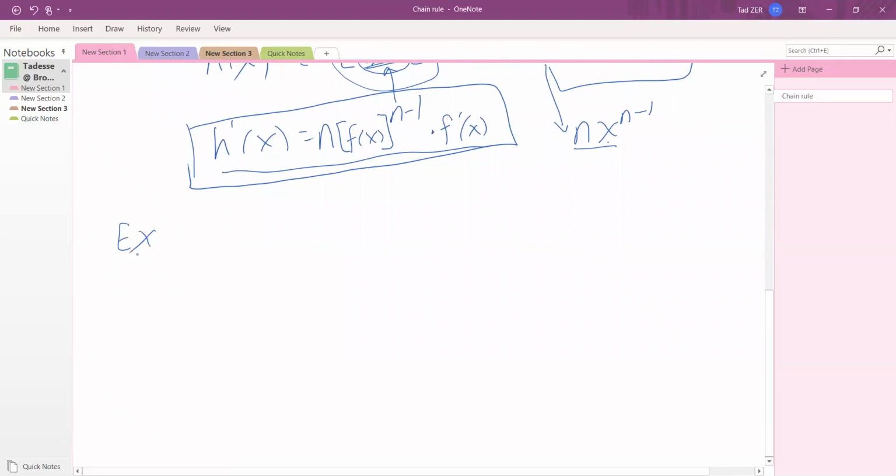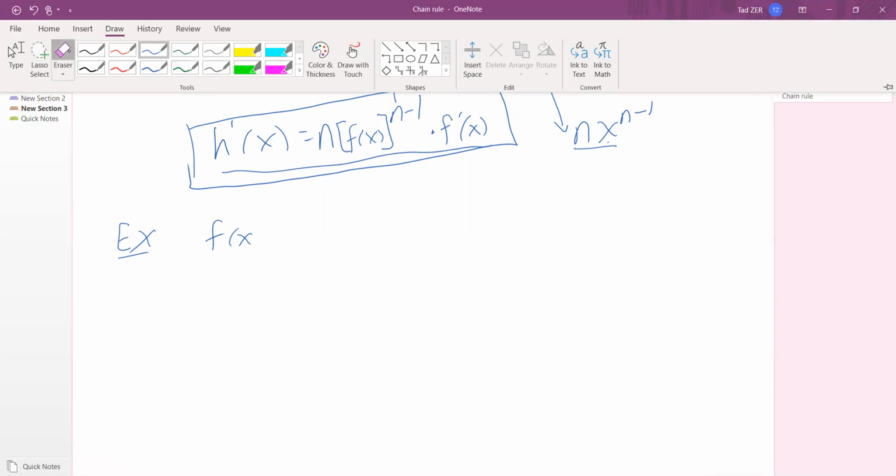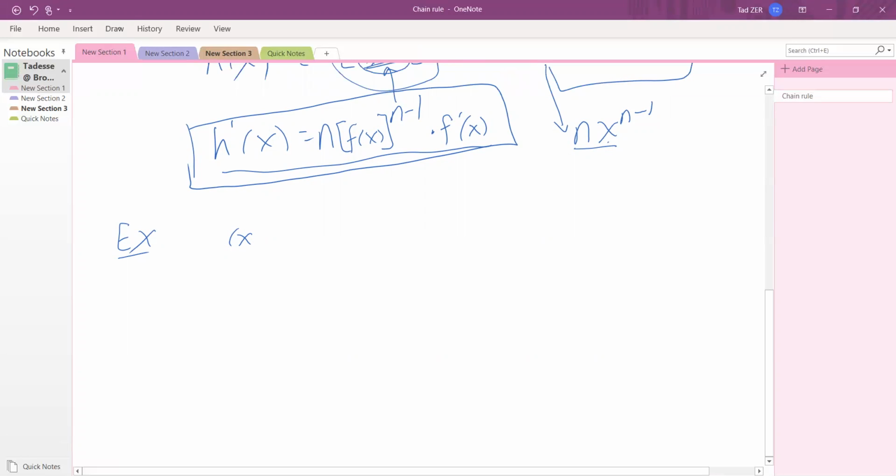Example: let's say h of x equals 3x minus 4 to the power of 9. This is a composition of two functions.